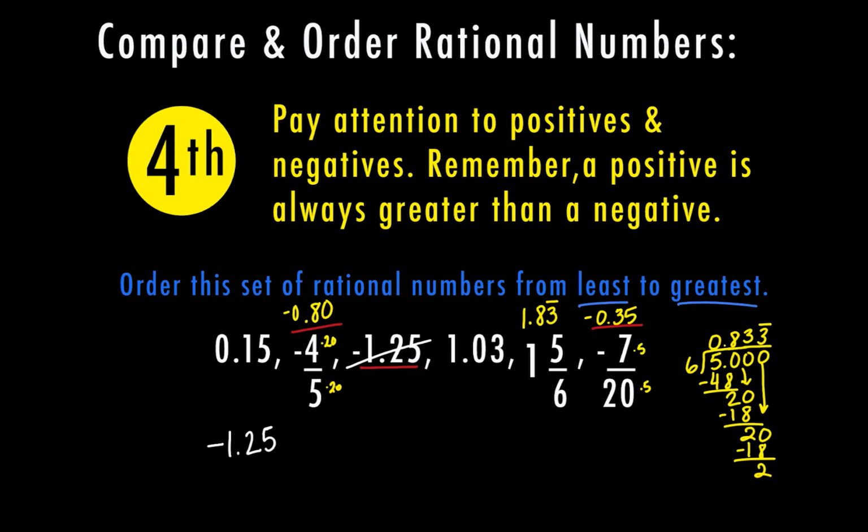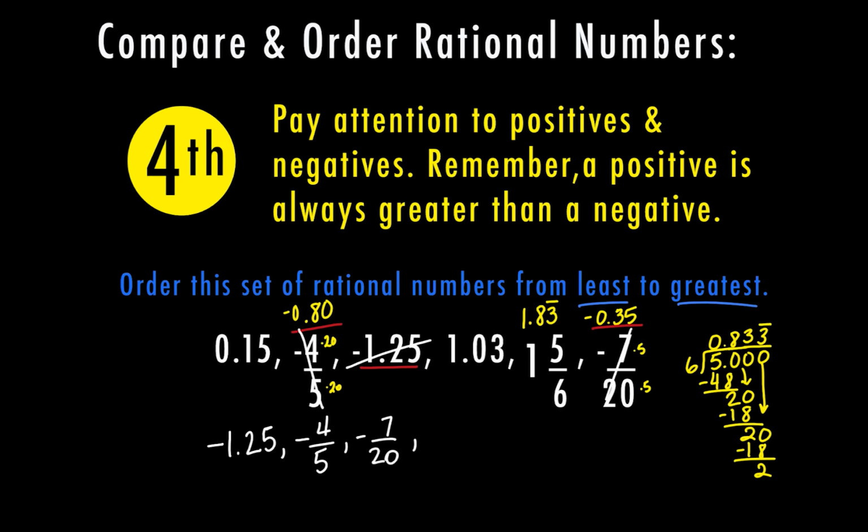I'm going to go ahead and mark that out. Then between the other two negatives, my negative 8 tenths is the next size. So I'm actually going to write it as my original fraction, negative 4/5. Next, I have negative 35 hundredths, which is actually negative 7/20.